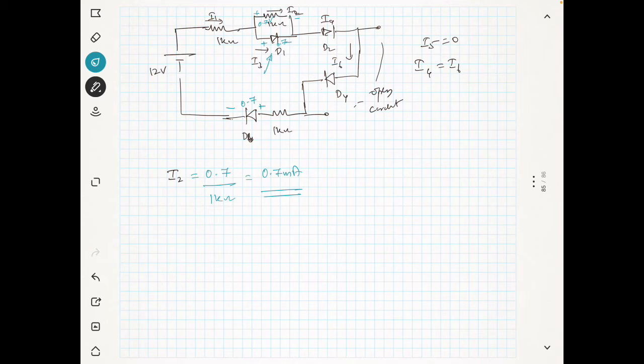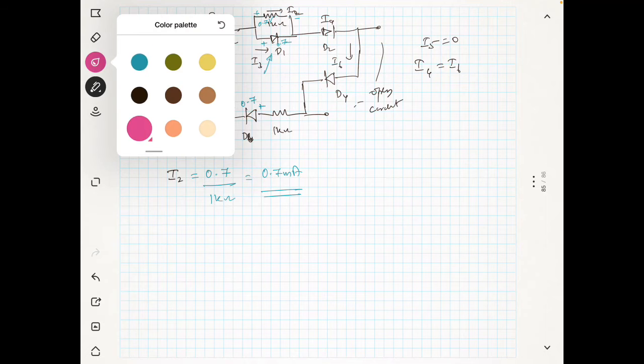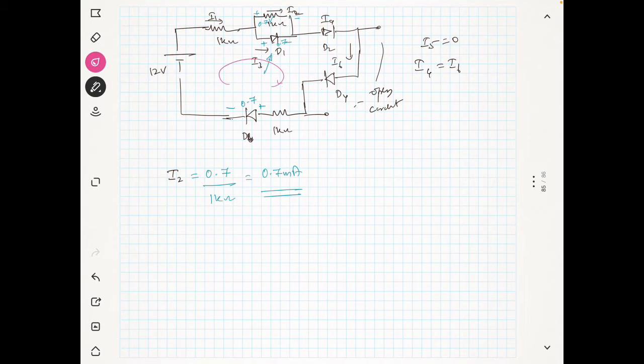Now I think we can write the Kirchhoff law around this loop. Marking the polarities, the voltage drop is 0.7 across each diode.